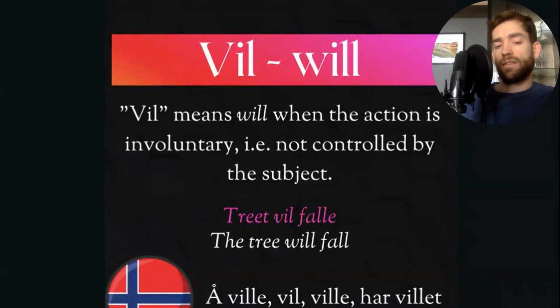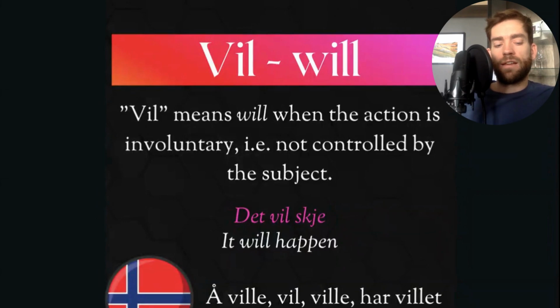So if you say treet vil falle, the tree will fall. Here it's not the tree wants to fall, because frankly, a tree doesn't have the capacity to want anything, arguably. So it's a future, it means will.